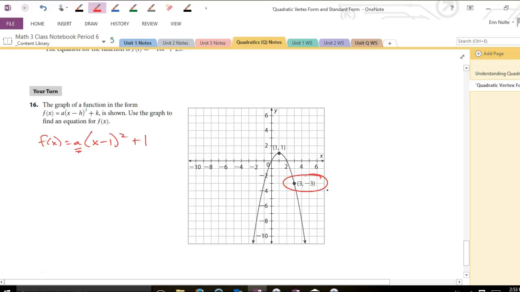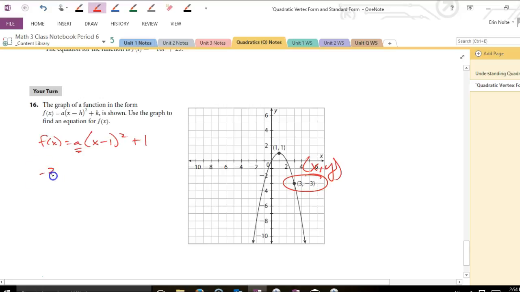What does a point give to me? 2 coordinates, specifically what variables are involved? An x and a y. So all I'm going to do is plug the x and the y into the equation. Remember, f of x is the same as which variable? The y.